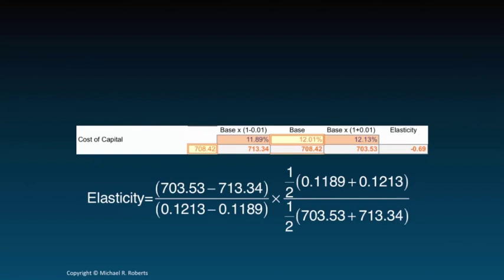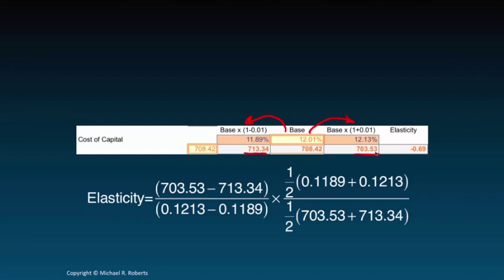Let's look at an example. Here's my cost of capital. Okay. What I've done is I've computed a cost of capital that is 1% higher and 1% lower. And I've computed the corresponding NPVs.